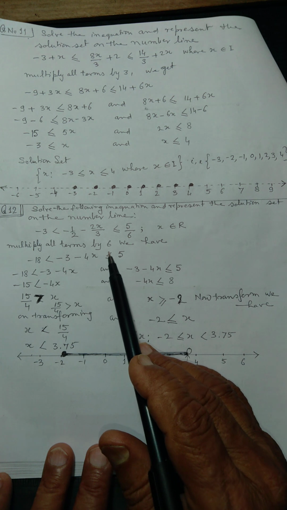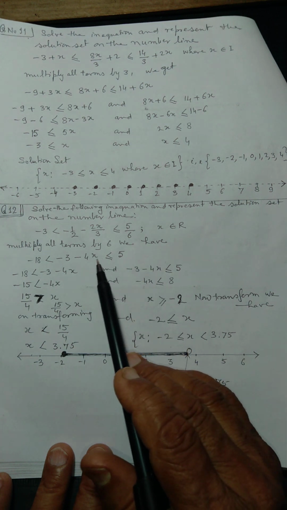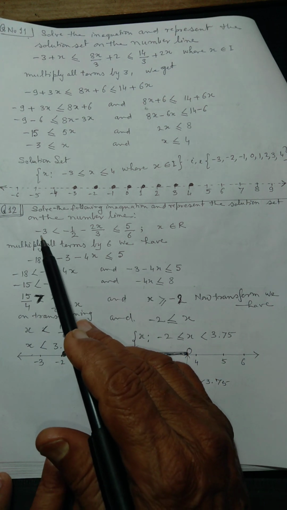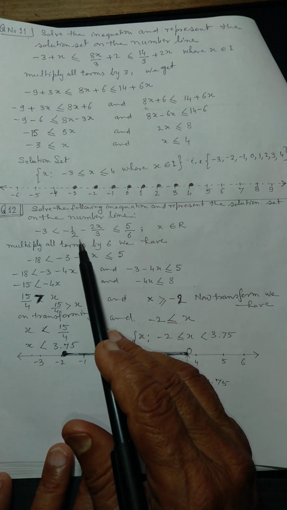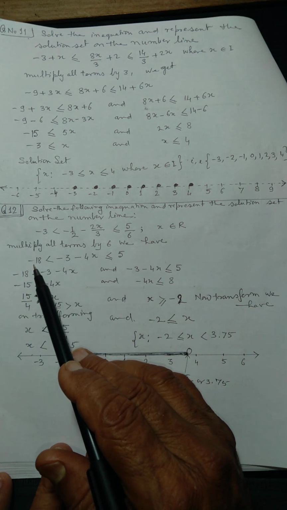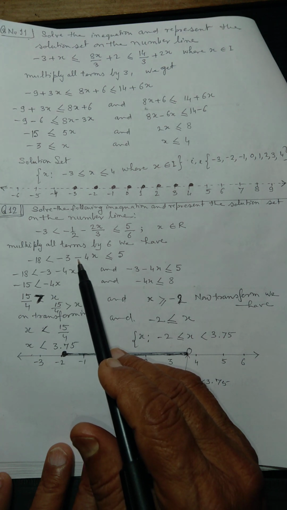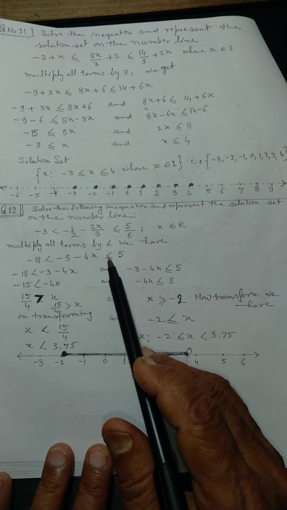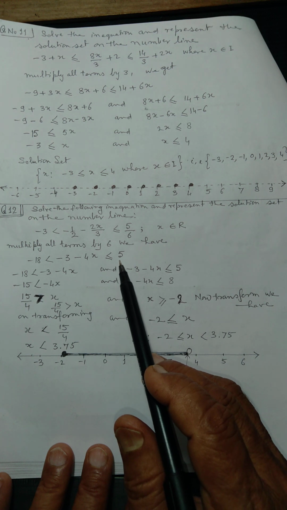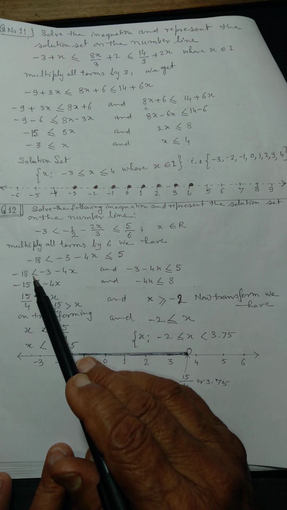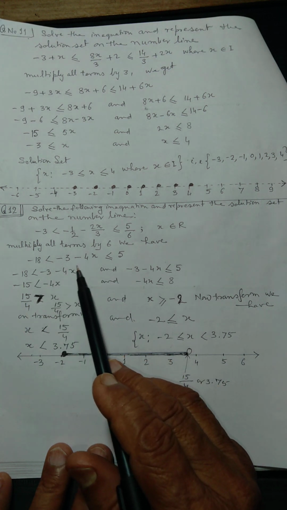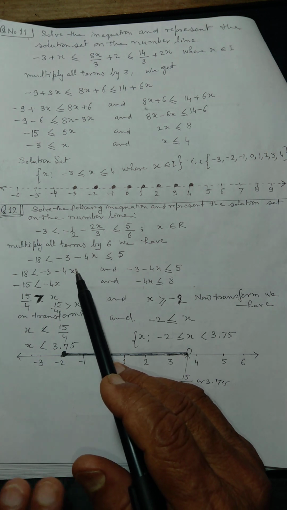Multiply all the terms by 6. Once we multiply each term by 6, we will get minus 18 less than minus 3 minus 4x less than or equal to 5. So this inequation can be split in two ways.